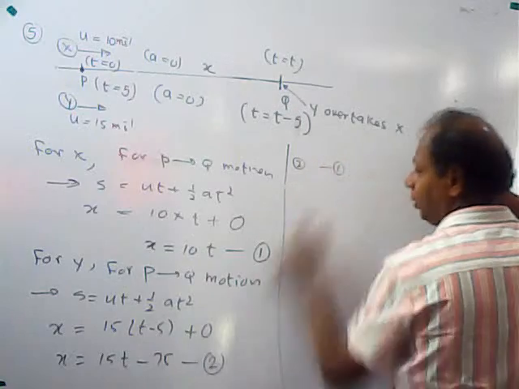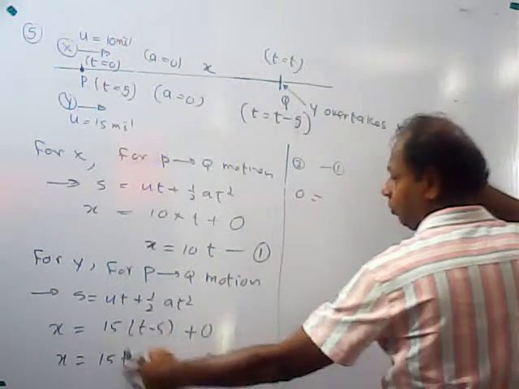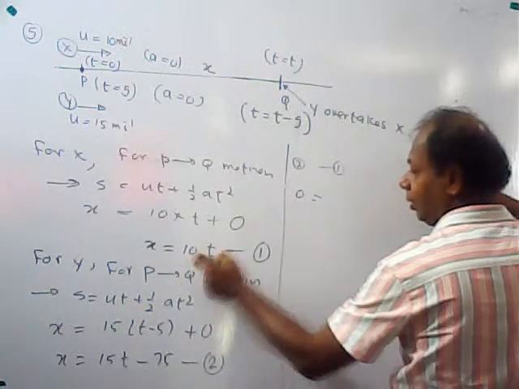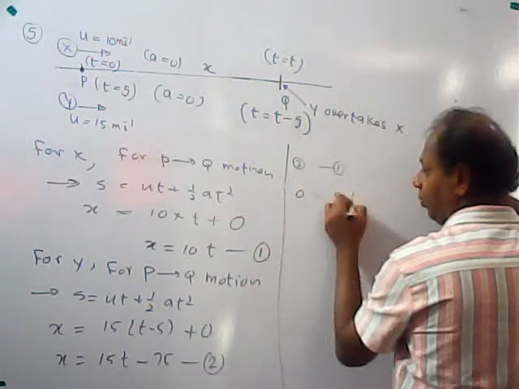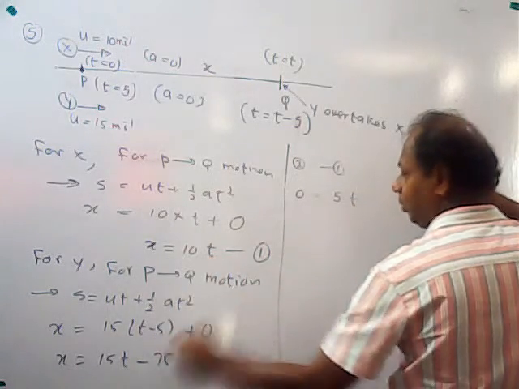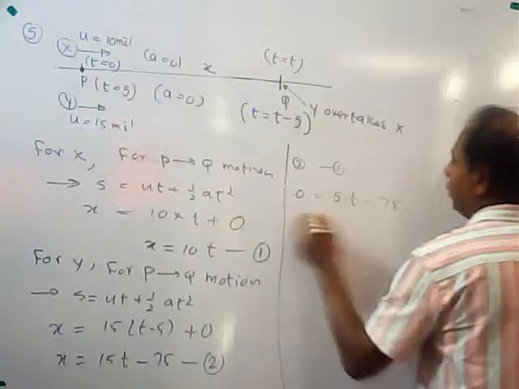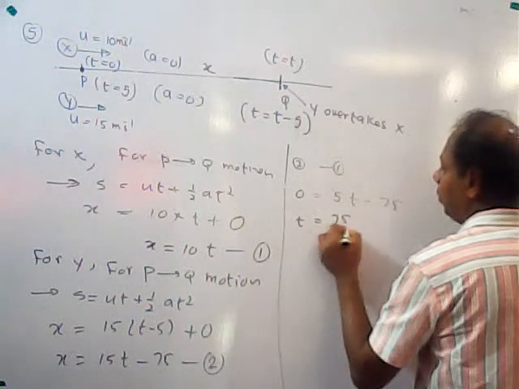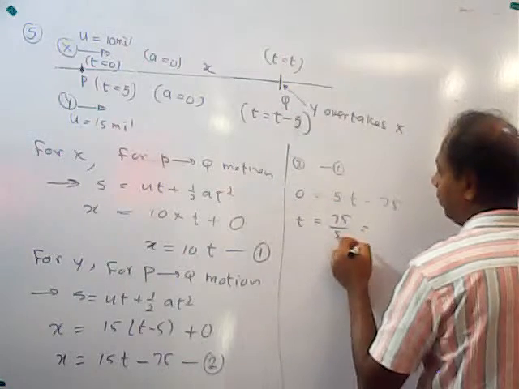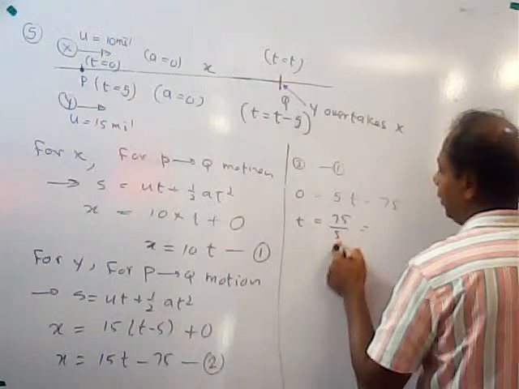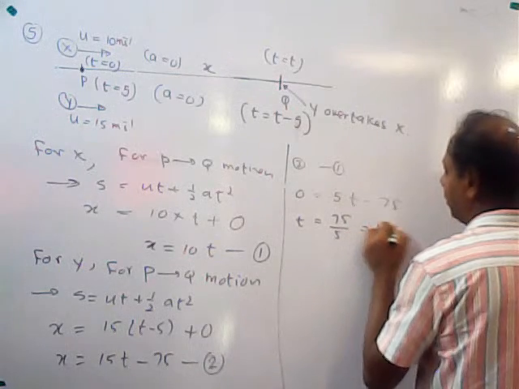Equation 2 minus 1, x will disappear, to get 0 equals 15 minus 10, that will be 5t minus 75. So t equals 75 over 5, which is 15 seconds.